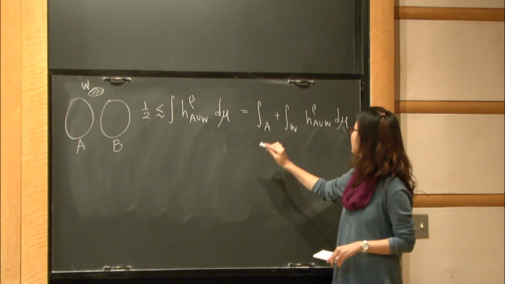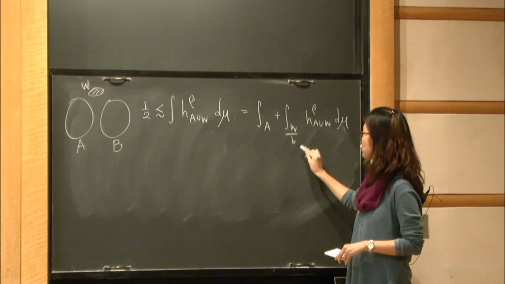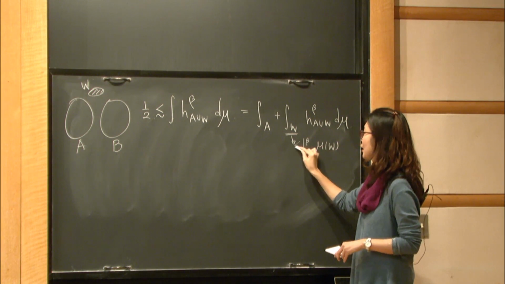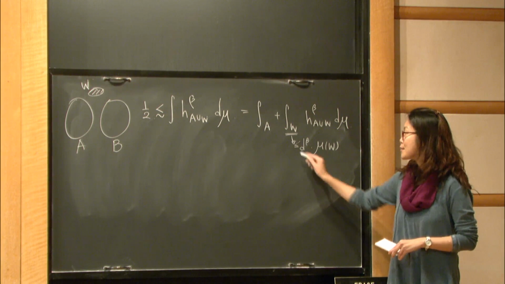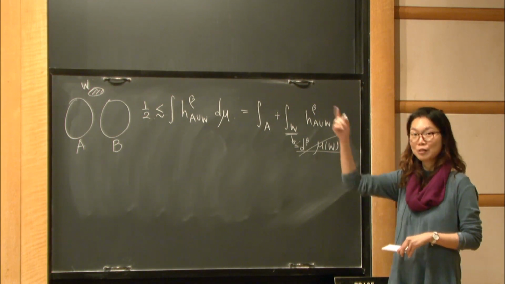Okay, so let me do this part first. For this part, it's going to be eventually d to the beta times mu of W at most, right? We did something similar before. What's this? Negligible, because of our assumption.